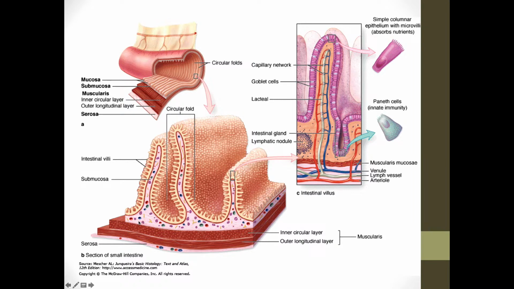Then the mucosa, muscularis, and sublayers, with the nerve plexus. Starting from the mucosa, the epithelial lining, here is the simple columnar epithelium.